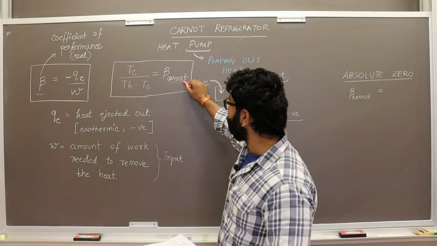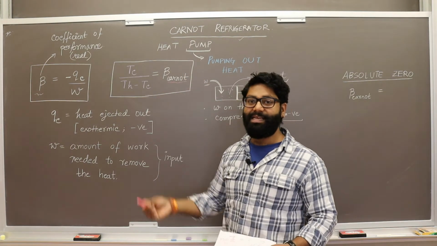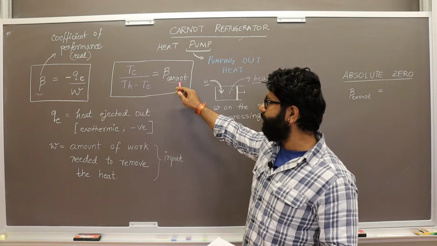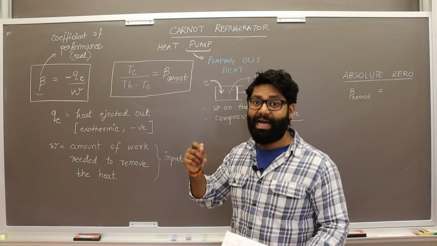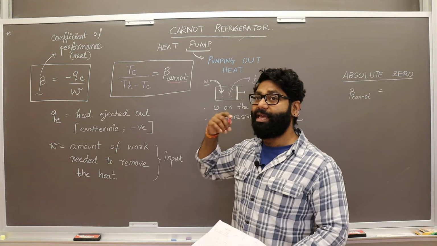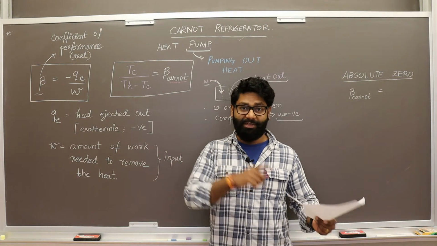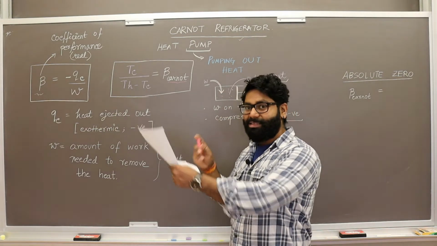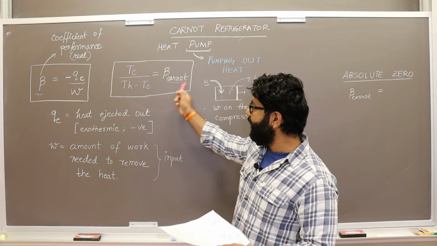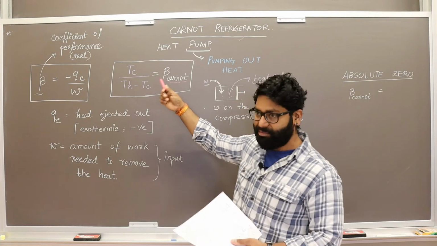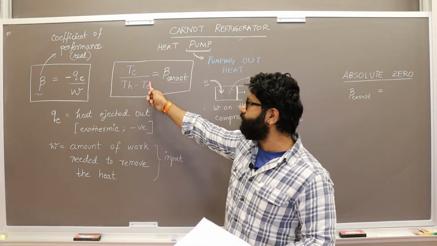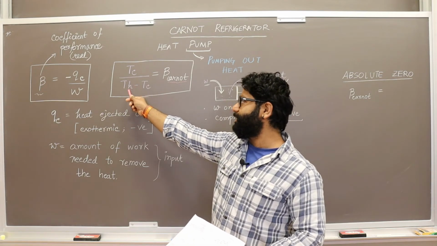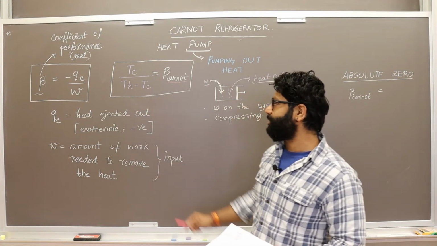Why? Because we saw that in the Carnot cycle in the heat engine, we derived the eta Carnot. The efficiency of the Carnot cycle that we did was a hypothetical notion, and we can use the same hypothetical scenario and just reverse the process and you'll come up with this value, in which you have the temperature of the cold system, and in the denominator you have the temperature of the hot minus the temperature of the cold.